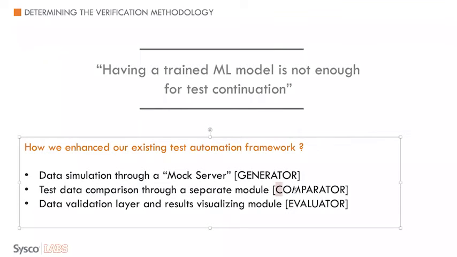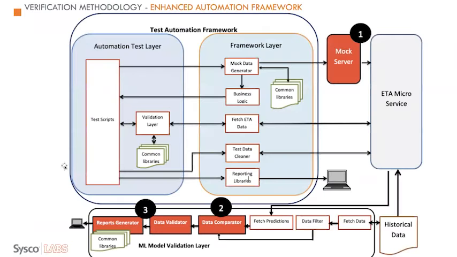So in order to compare, we have a separate component, and to evaluate the compared results, whether we have reached the expected accuracy level or not, we developed this evaluator component. So these are the three key components that we developed in our test framework. Now this is the test framework that we developed.